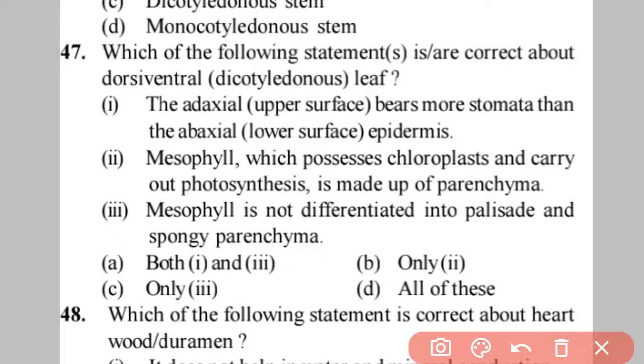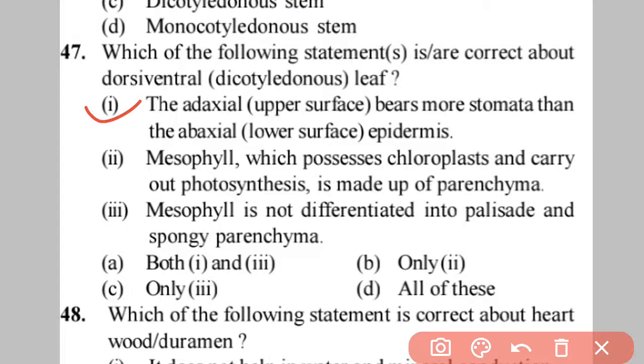Okay, let's move on. Question number 47 is, which of the following statements are correct about dorsiventral or dicot leaf? Okay, we can also say dorsiventral for dicot leaf. Some options are given. Let's check. First one is, the adaxial upper surface bears more stomata than the abaxial lower surface epidermis.